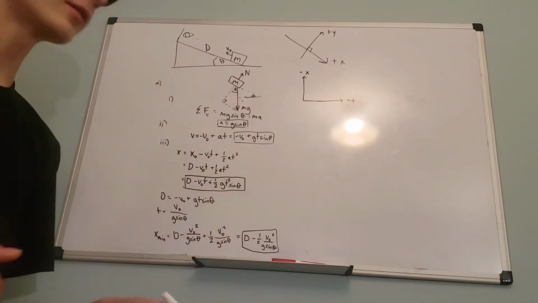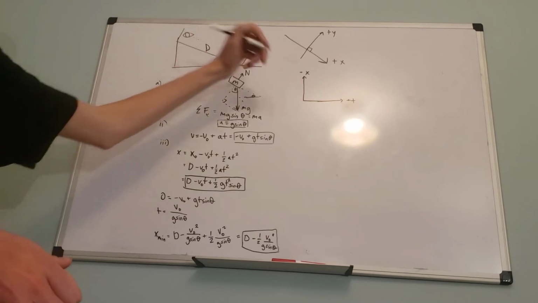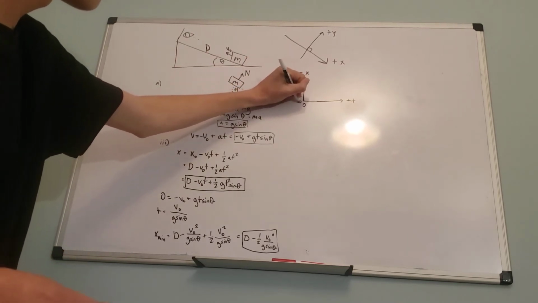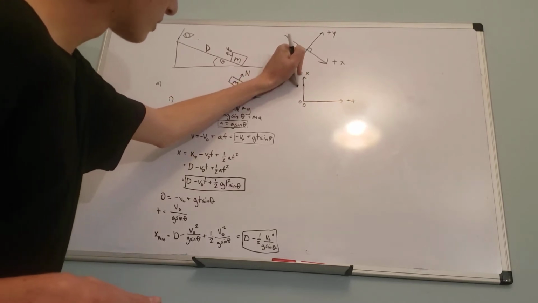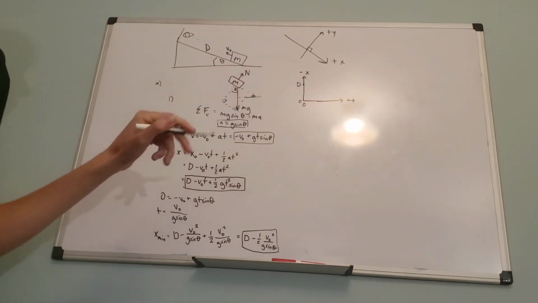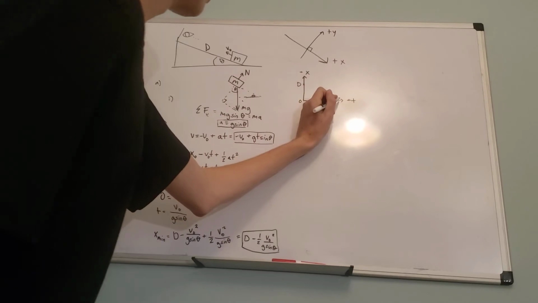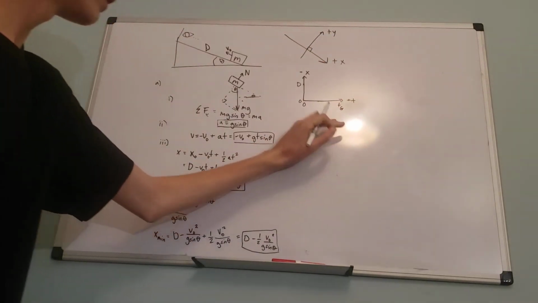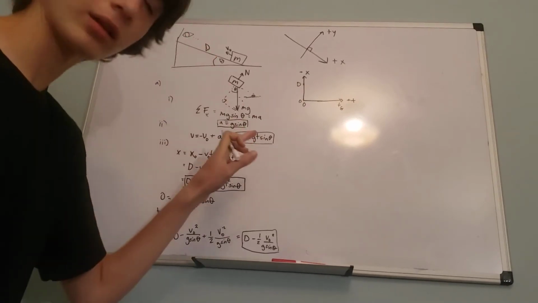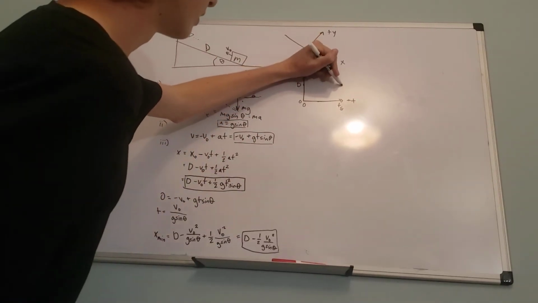The block is not going to start at 0 because relative to the sensor, when time equals 0, the block starts at a distance d. So we'll start at d, and then we know that at the end, I'll just label this t final. At the end, it goes all the way back down to the bottom of the ramp, so it will reach d again.